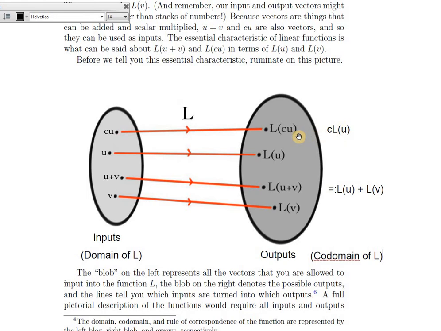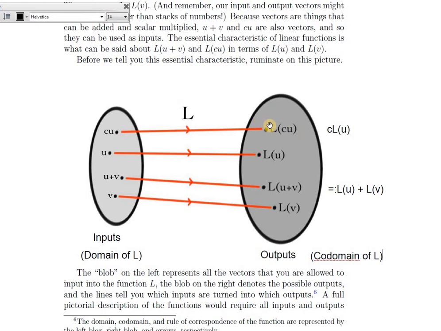So here you see that vectors are objects that can be scalar multiplied, and a linear function is a function that acts in a special way on scalar multiples. If I have a scalar multiple of a vector, then I can hold off taking the scalar multiple. I can find the function first and then multiply by the scalar afterwards. Basically, you can say I can pull the C out of the expression.